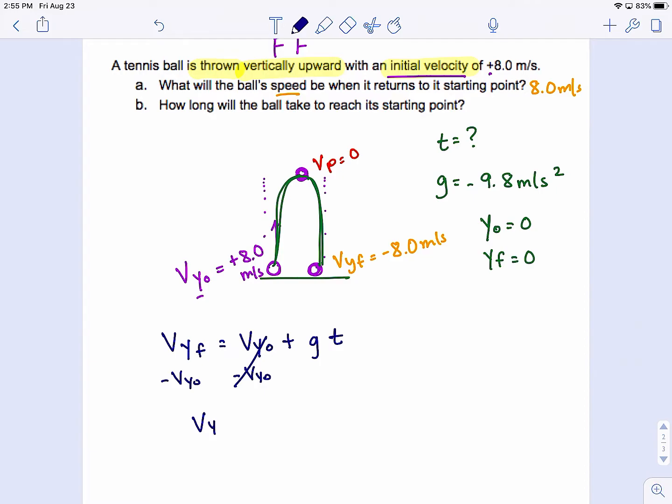So this is VYF minus VY naught equals G times T. And then I'm going to divide both sides by G. So the time is VYF minus VY naught divided by G.